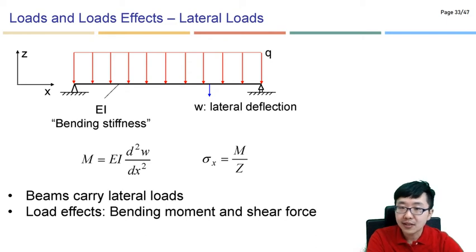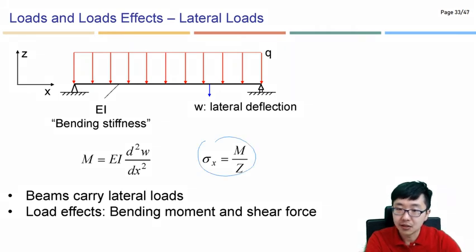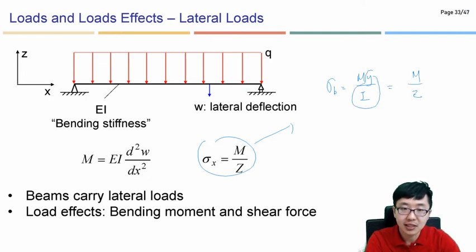So load and load effect, and this simplifies the beam structures, lateral load Q applied, and boundary condition given. So we have derived the simple beam theory and bending stiffness here, and you can remember in simple beam theory, the bending stress was moment M times y over I, and we can simplify this part again, over Z, which is I over y.